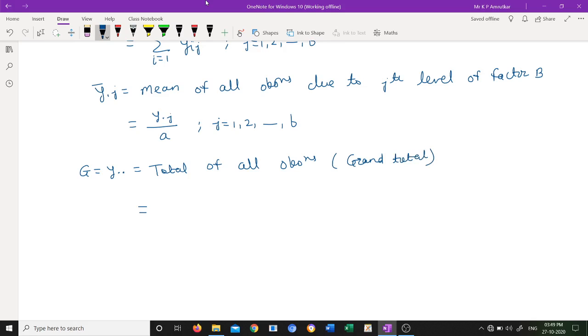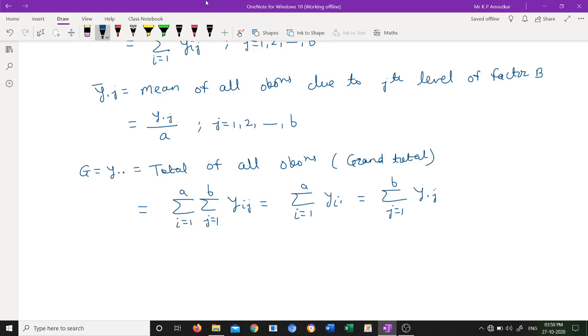This is equal to, now this is the total of all observations, so summation i running from 1 to a, j running from 1 to b, yij, or this will be summation i equals 1 to a yi dot, or this is summation j equals 1 to b y dot j.